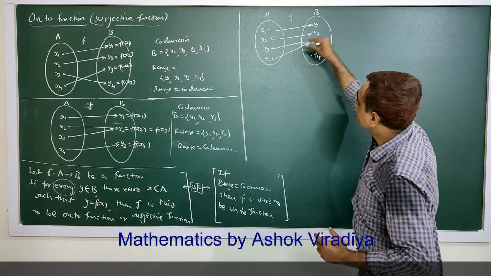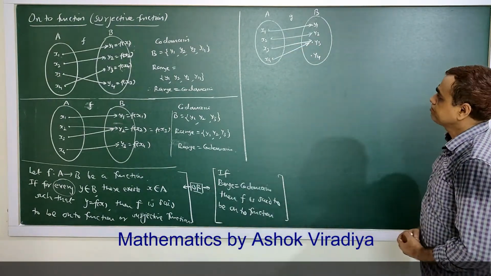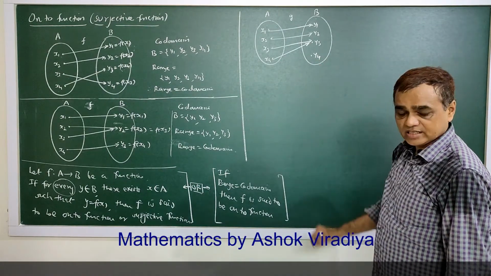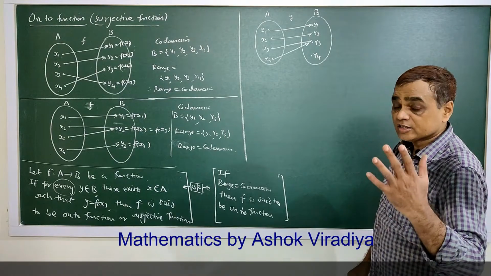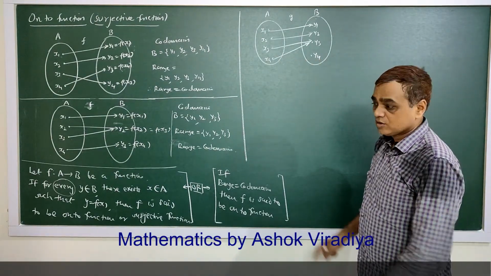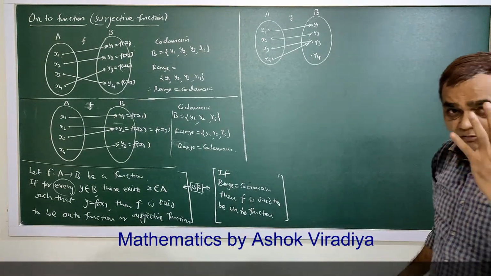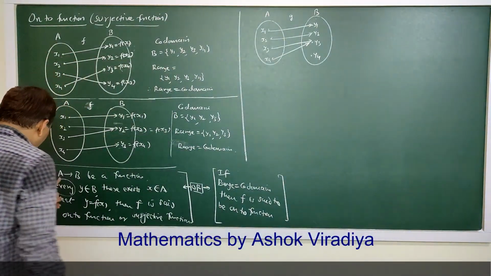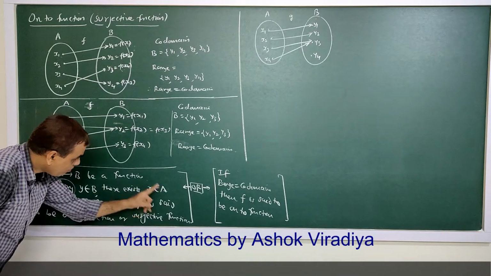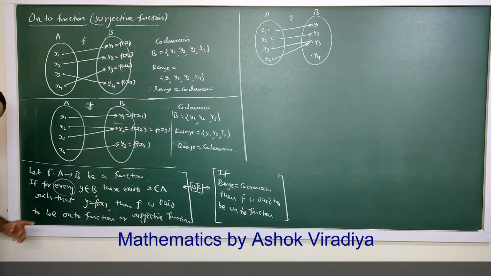This is a many-1 function. It is not 1-1. But look here, y4 is not the image of anyone. There does not exist a pre-image of y4. So this is not an onto function. See, which are the words in the definition? For every y belonging to codomain, if there exists x in domain such that y is the image of x, then the function is onto.